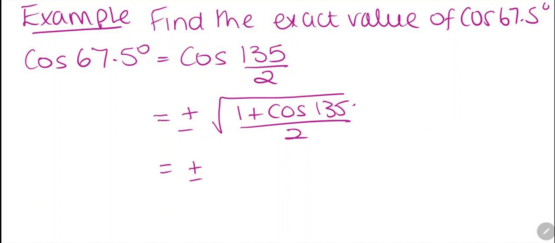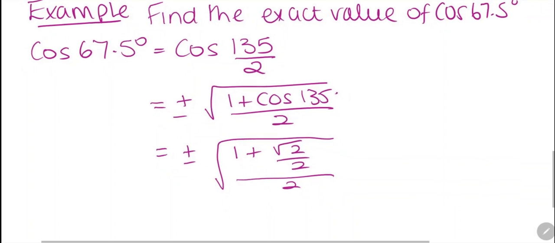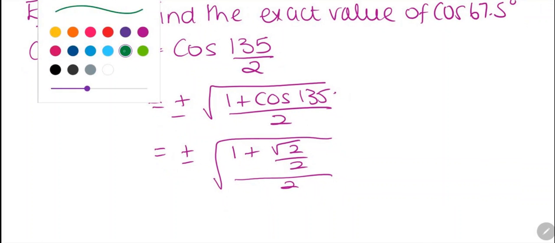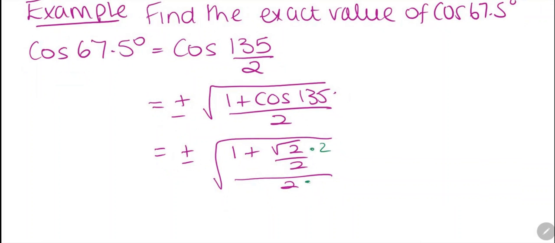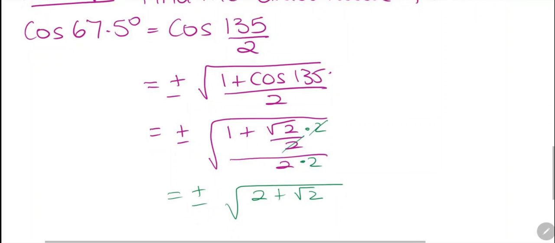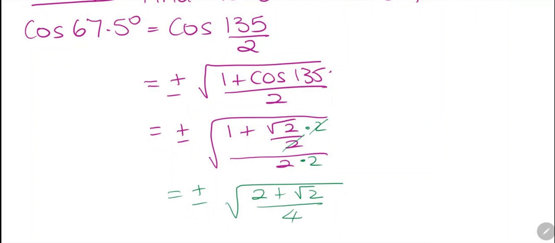So if we replace cosine 135, this is going to be minus root 2 divided by 2. Let's just correct the square root sign. And this is all over 2. So now I can multiply. If I multiply both by 2, so 2 times 1 is 2, and the 2s then will simplify. So I'm just left with root 2, and on the bottom, I have 4.